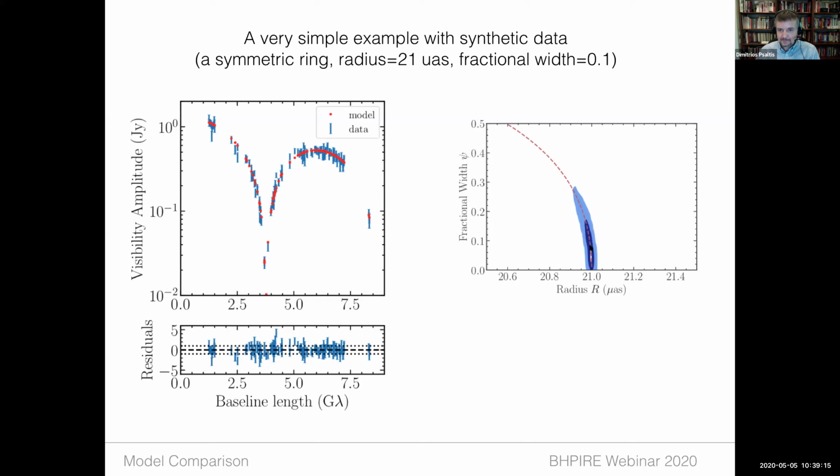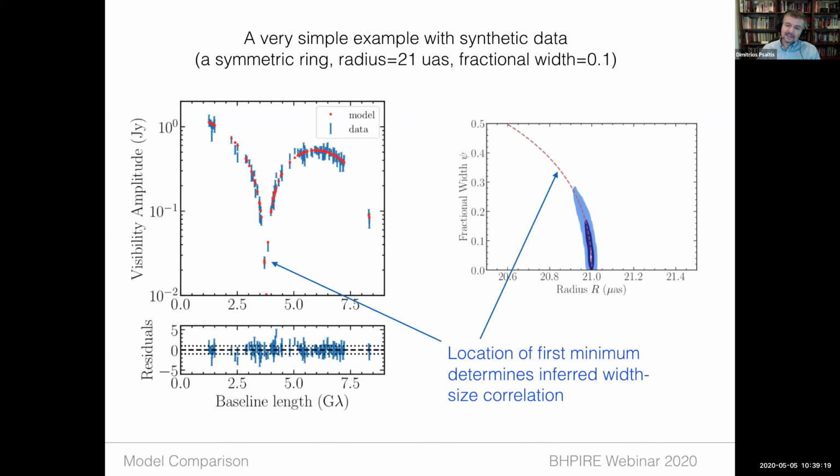Now, one thing that you see immediately is an anti-correlated behavior between the radius and the fractional width. This turns out to be nothing but what's shown here in the red line, which is the locus of combinations of widths and radii of models that make the first minimum, as I showed in the very first animation, equal to the location of the minimum that comes out of the data.